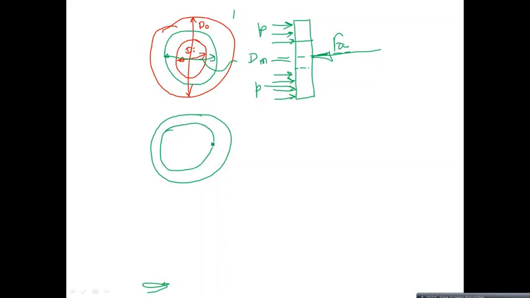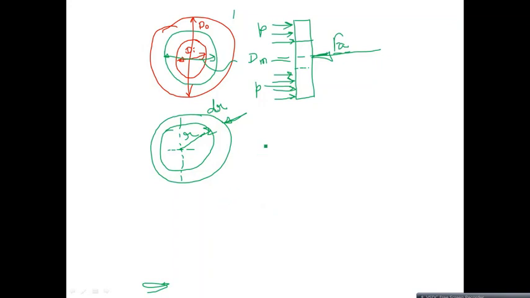As I said, we just consider a small strip of width dr, located at a distance of r from the center.